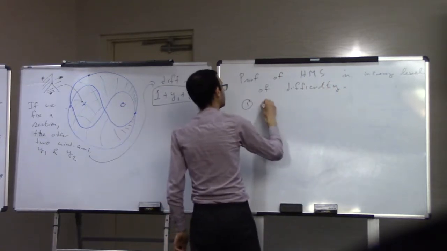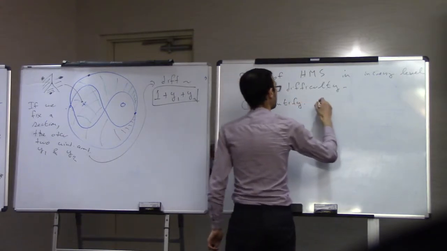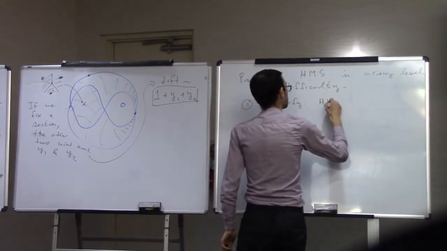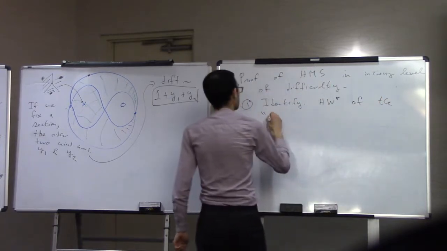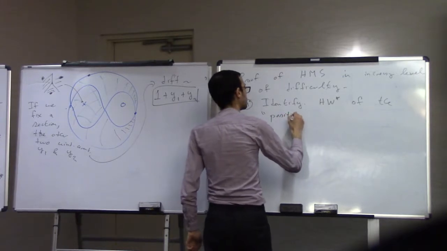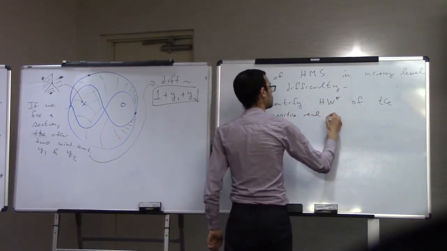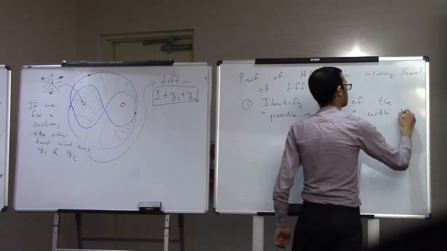One, identify the wrapped Floer cohomology of the, I'm going to say, positive real locus with the ring of functions on the mirror.